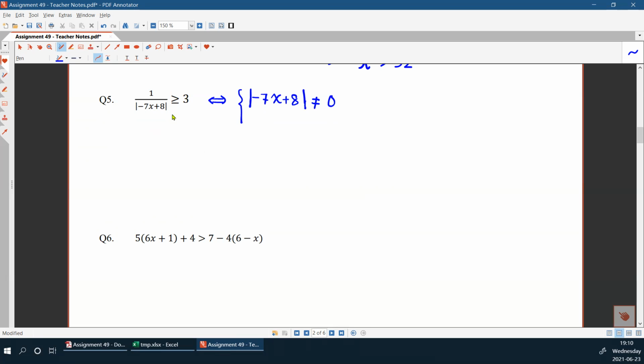So the original expression is equivalent to, we can just multiply this absolute value to both sides because it is a positive number. So we don't change the direction of the inequality sign here, right? Just keep this direction. So 1 should be greater than or equal to 3 times the absolute value of -7x plus 8, right?